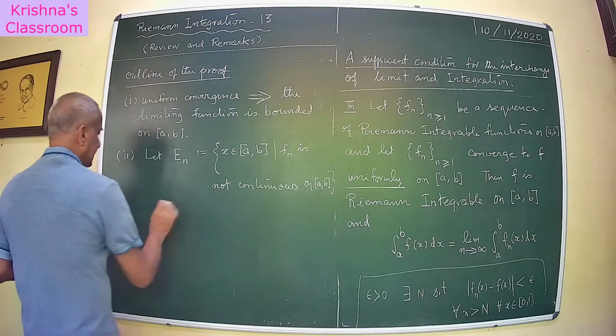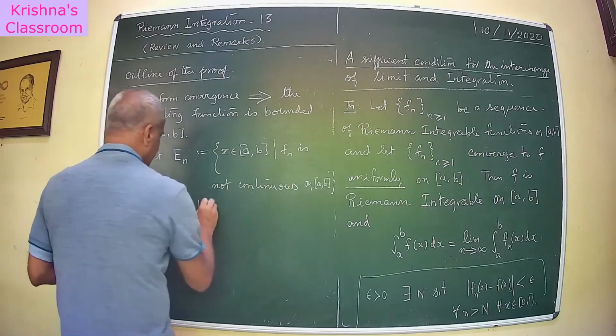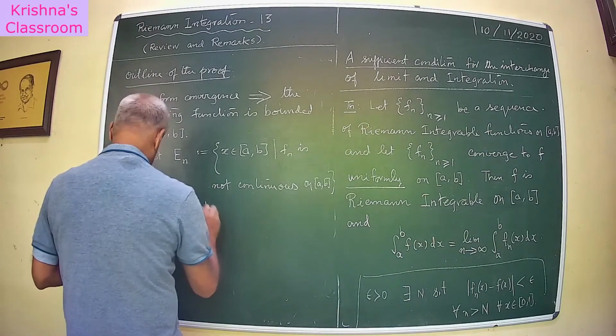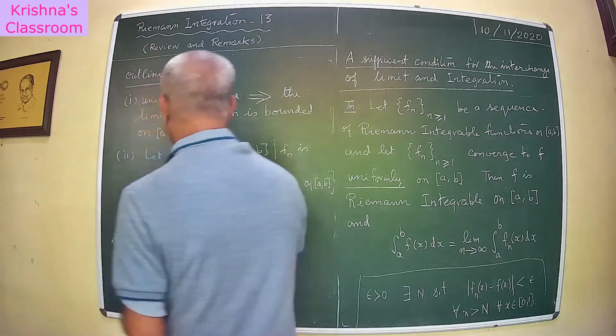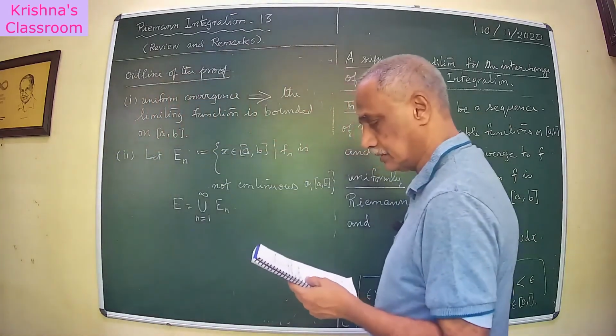Now you write E as the union of the E_n for n from 1 to infinity. That is the set of all points where the function is discontinuous.